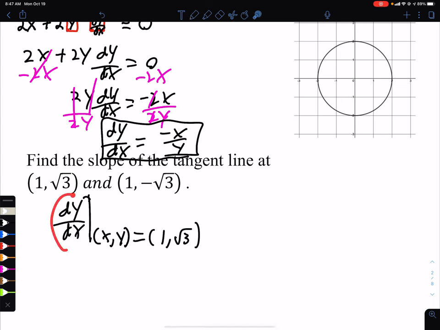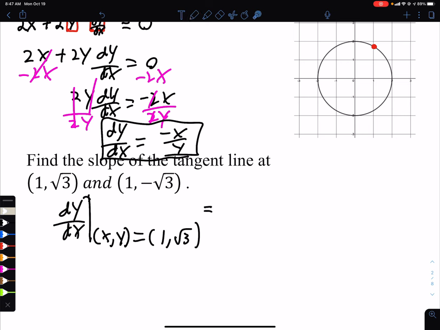This means the derivative of y with respect to x at the point where (x, y) equals (1, radical 3). So that point, (1, radical 3), is right there. So we want to find the slope of the tangent line at that point. Well, how do we do that?